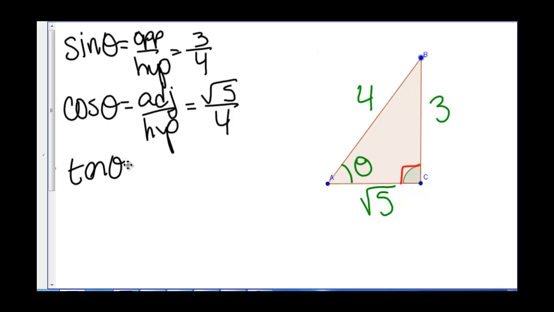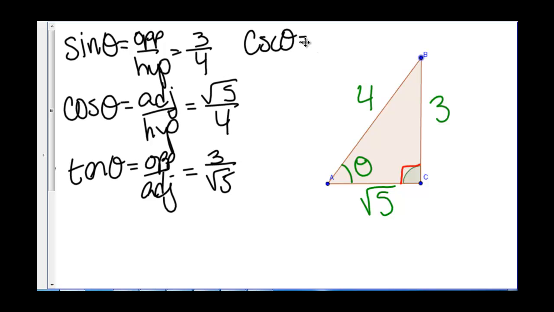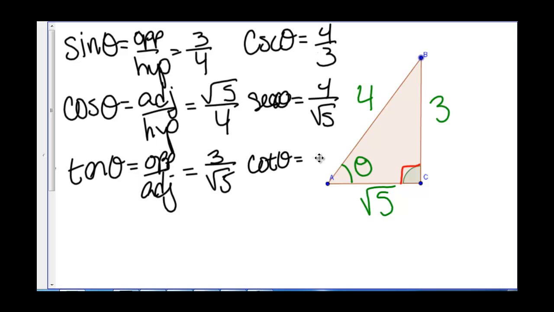Tangent is opposite over adjacent, so that's 3 over square root of 5. And then cosecant theta is hypotenuse over opposite. Secant theta is hypotenuse over adjacent. And cotangent of theta is adjacent over opposite.